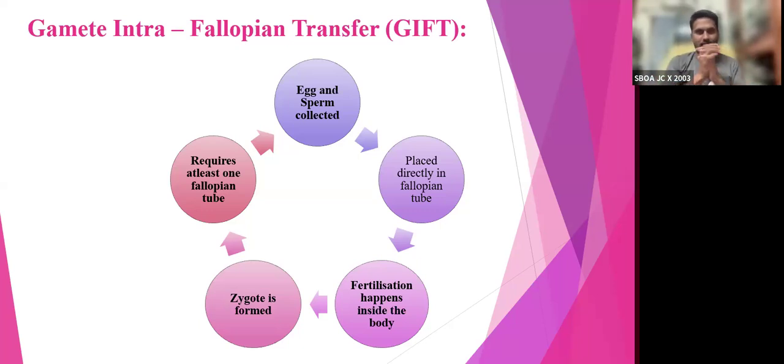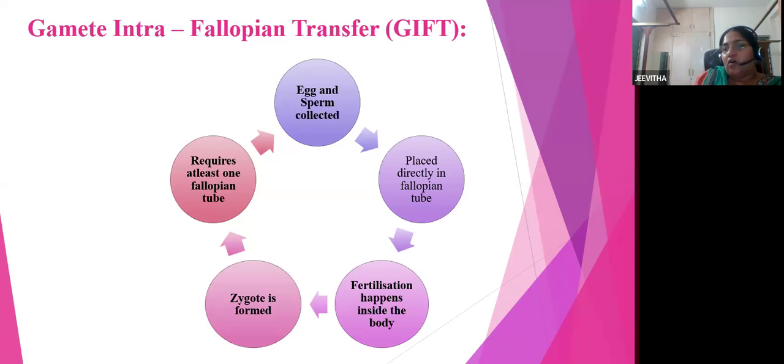So if there's no other way, fusing. Now, gamete intrafallopian transfer is used when your egg quality is not good, or the quantity of egg is not good, or you're not able to conceive naturally. Then they push both through the tube for you, so there you have no other go, you have to fuse.